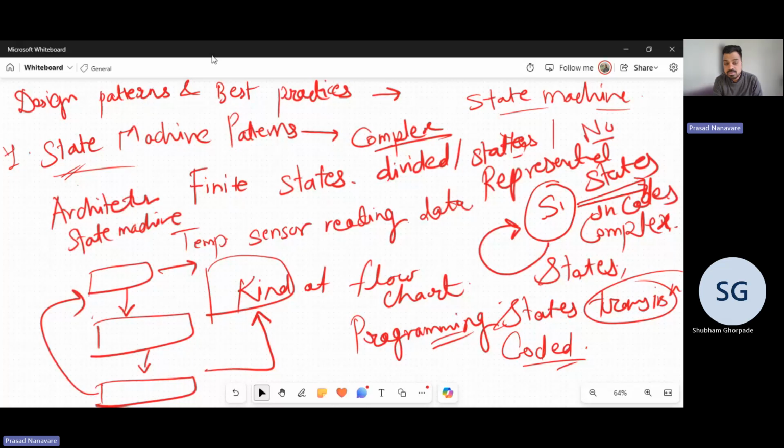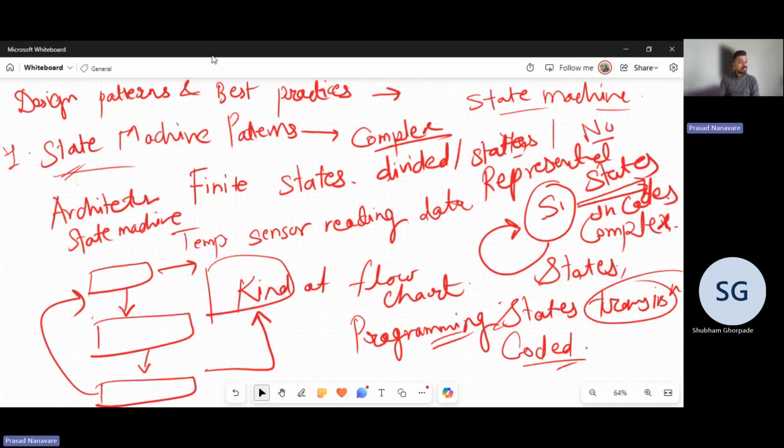We use a state machine to model the system's behavior. Each state represents a specific mode of operation, and the state transitions occur based on inputs or events. So this can be used in systems with distinct operating modes like power on, standby, active mode, protocol handling and control systems.